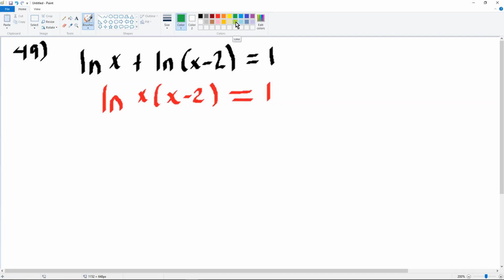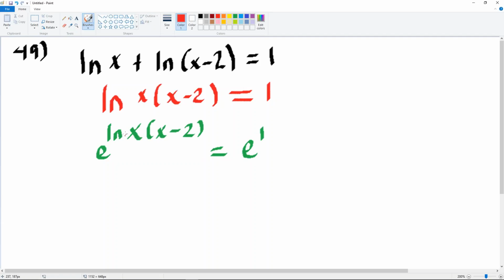Now I'm trying to get rid of the natural log, so the only thing for me to do is to raise everything on the left with the base of e, because I see natural log, and I know that all natural logs have a base of e, and raise everything on the right with that same base, because whatever I do to one side, I must do to the other.